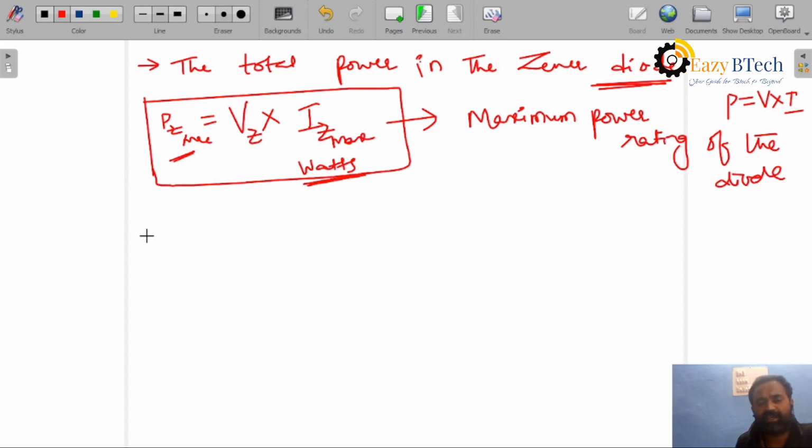Now we will see regulation characteristics, line regulation. What is line regulation?